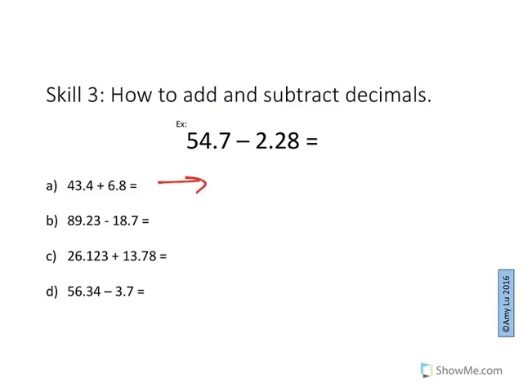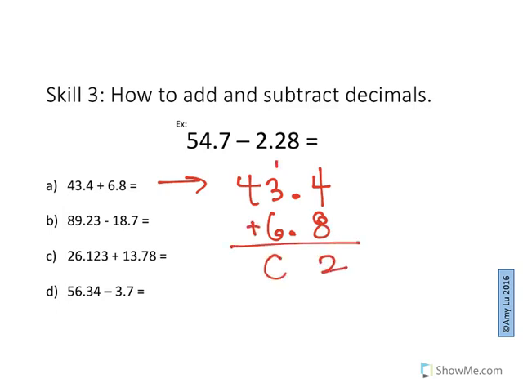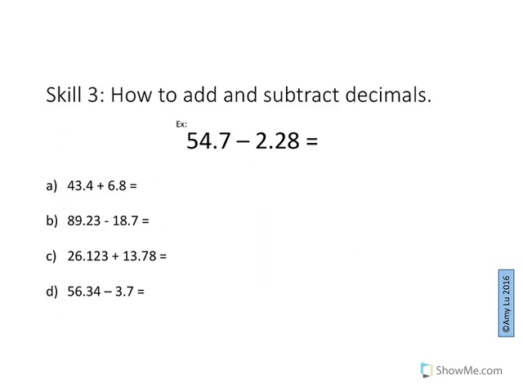Okay, let's work it out. 43.4 plus 6.8, adding. So you have to add 9, 10, bring your decimal straight down, 4 and 5. So the answer for A is 50.2. The next one, 89.23, take away 18.7.